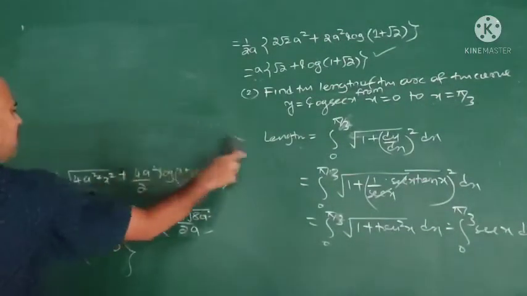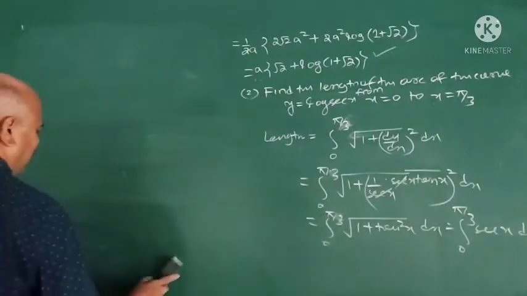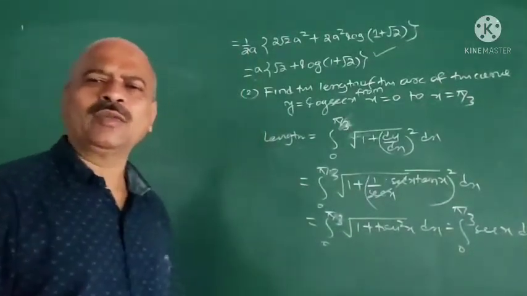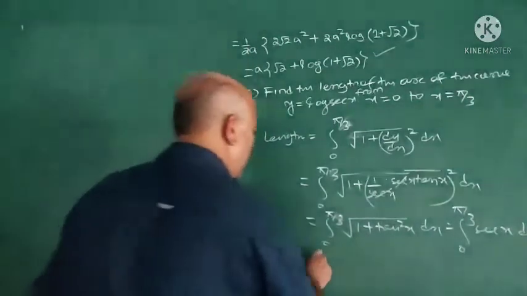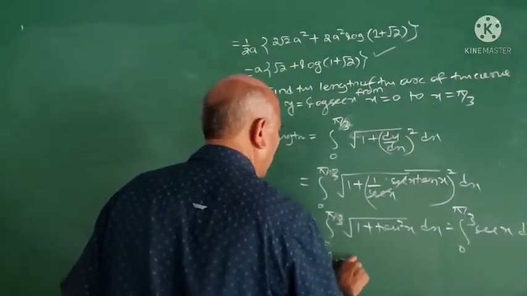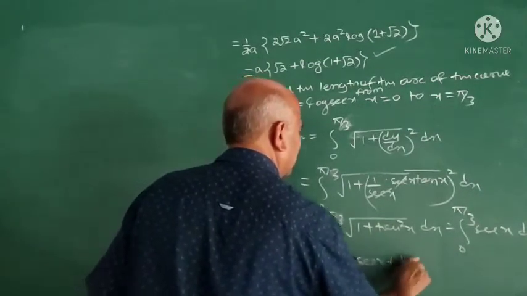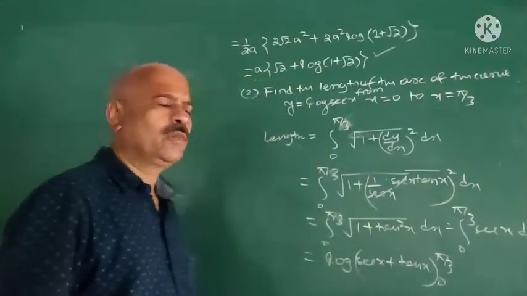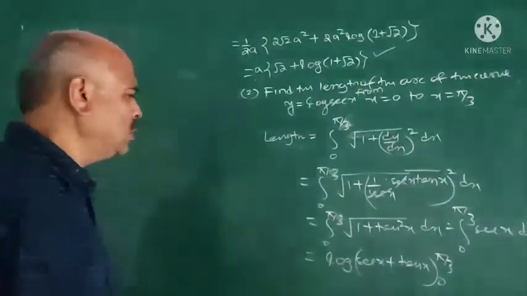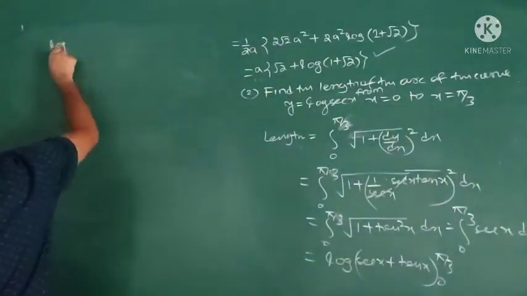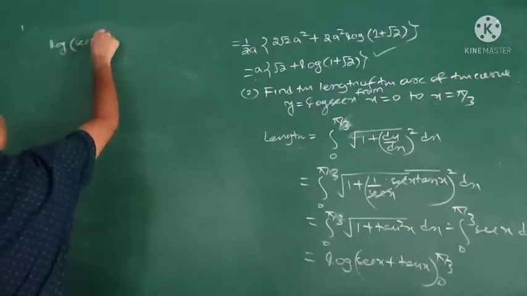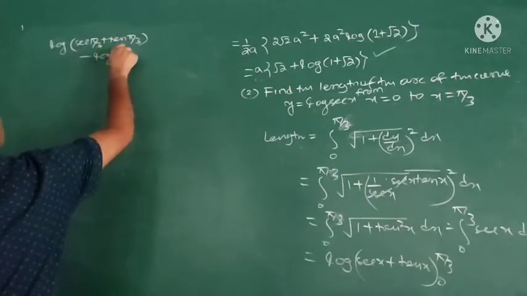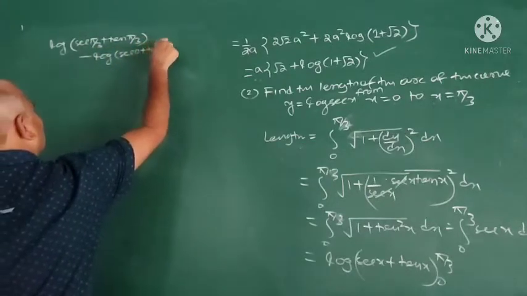If you know the formula, then it is only the evaluation of a definite integral. First you have to fix the limits here. For that portion of the arc of the length, what is the limit? That is important. What is integration of sec x? Log of sec x plus tan x from 0 to pi by 3. So it is log of sec pi by 3 plus tan pi by 3 minus log of sec 0 plus tan 0.